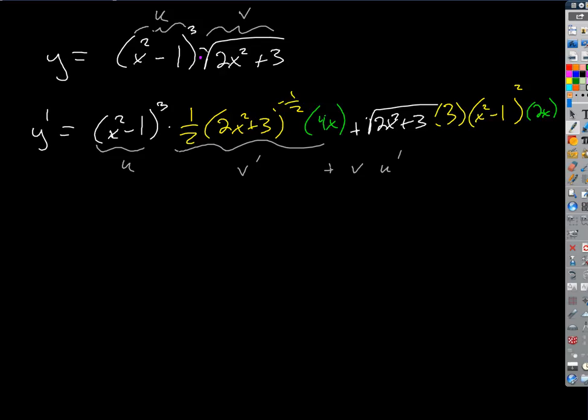Let's take, how many terms do we have up here? What are terms? Factors are things that are multiplied, right? What are terms? The answer is 2, yeah.